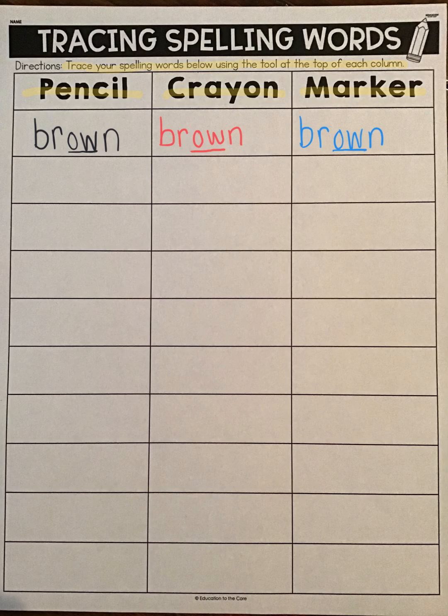OW can also say O, like in the word snow. Please finger stretch snow. S-n-o.